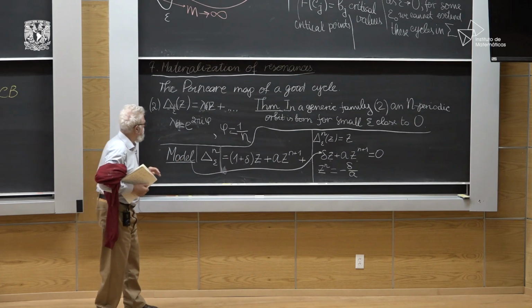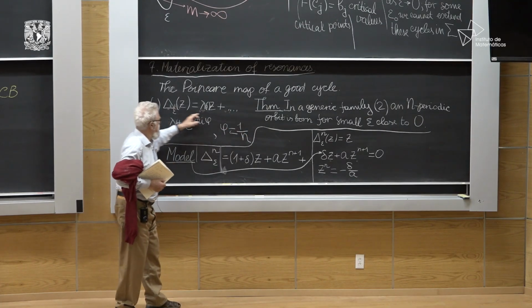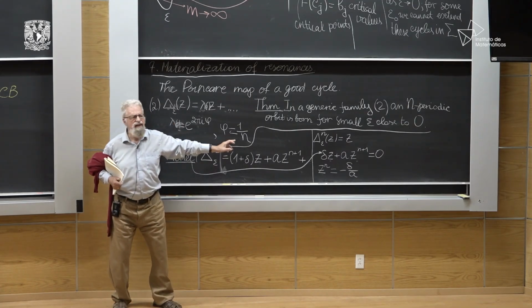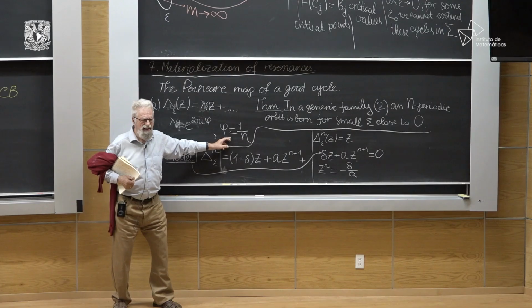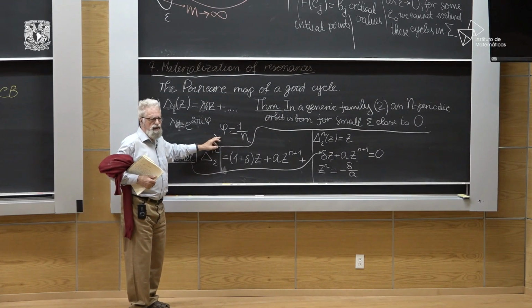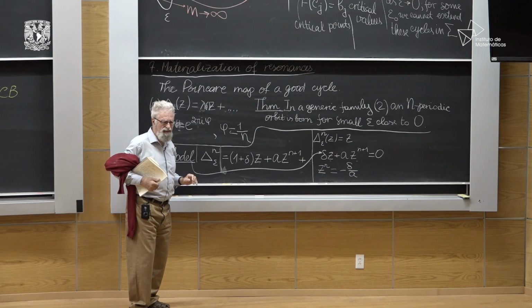If it tends to 1, then it will sometimes be this lambda. Okay? And in the neighborhood of these parameter values, the materialization of resonances occurs and the periodic orbit appears. Okay?